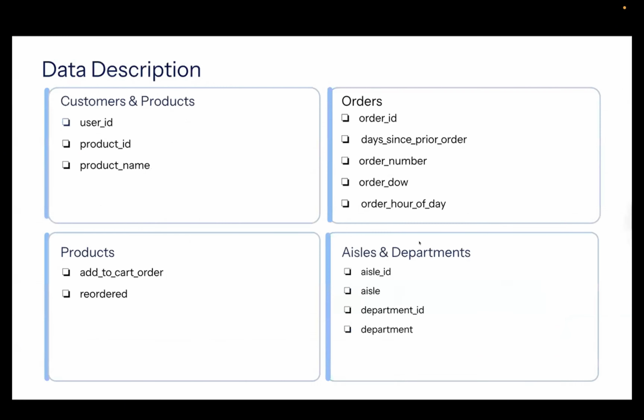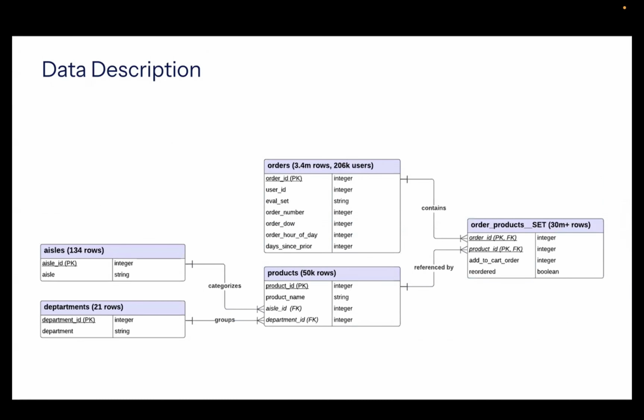Before we dive into how we conquer this problem, let me first give you an overview of what the data is. The data has basically four parts: customers and products, orders, and the aisles and departments. All the items are listed here, but later I found it's better to put them into an ER diagram, so we can see the data is all related to each other.